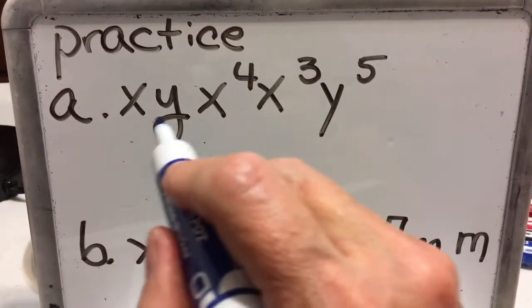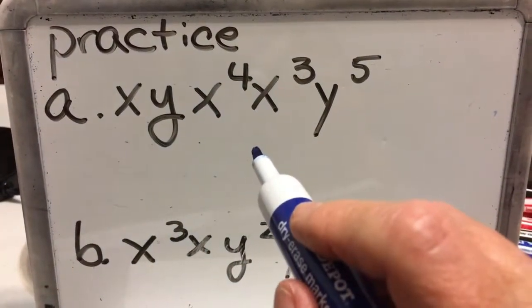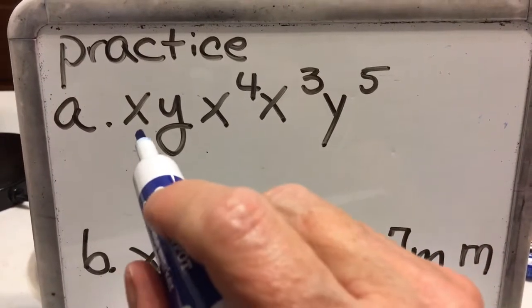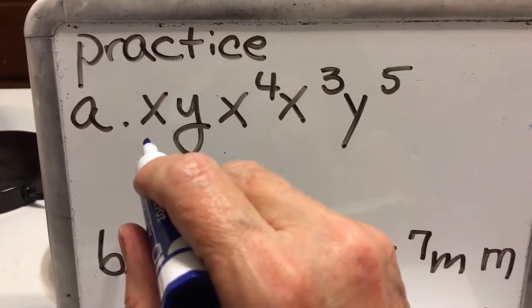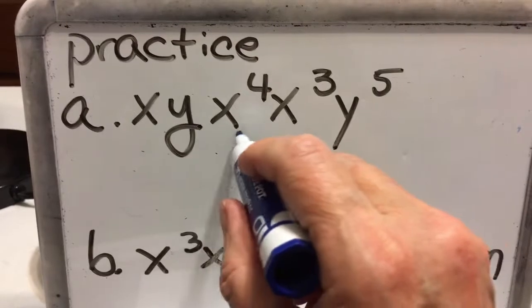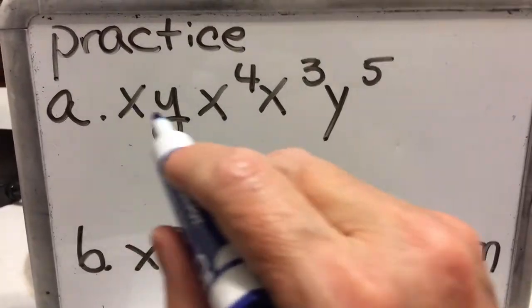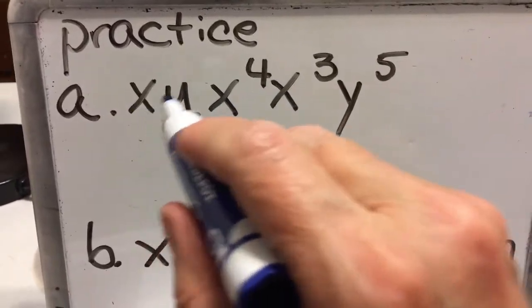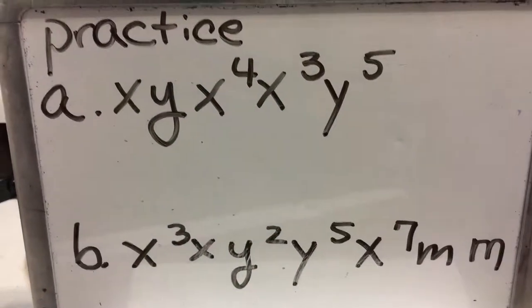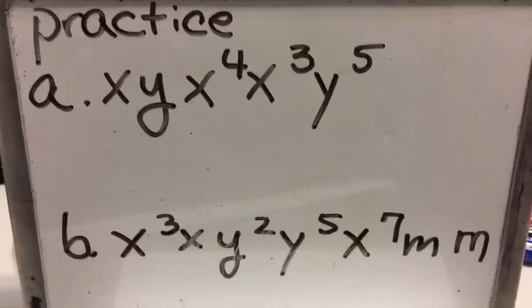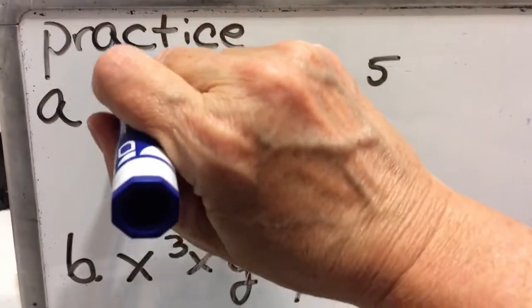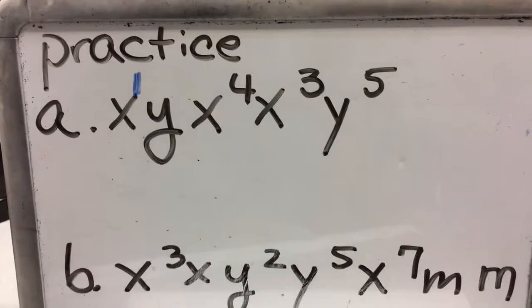So A, we're looking at this. This is from part A of the lesson, and we have an x term, x, and then we have some y's. So we're going to multiply these 3 x portions together. Since they have the same base, we're going to remember that this one gets an exponent of 1.